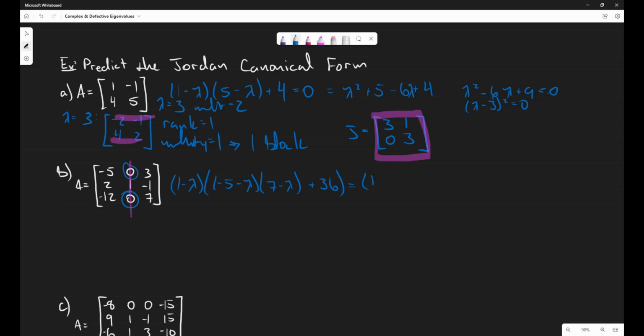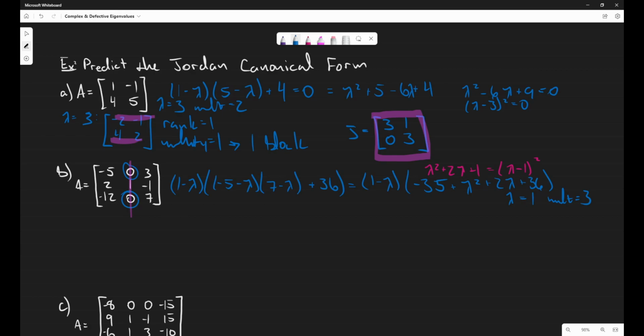So this is going to equal 1 minus lambda times -35 plus lambda squared plus 2 lambda plus 36, or this will be lambda squared plus 2 lambda plus 1, which is the same thing as lambda minus 1 quantity squared. So our eigenvalues will be lambda equal to 1 with the multiplicity of 2, and then this one will also be 1. So this will be lambda equal to 1 with the multiplicity equaling 3.